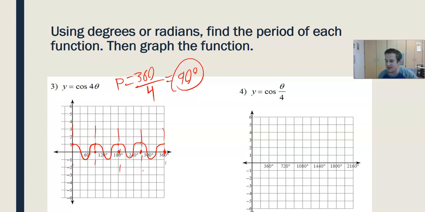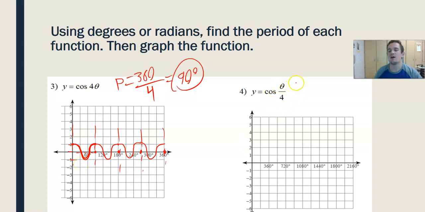So again, the period is the time it takes for a function to complete one full cycle. So my cosine wave completed one full cycle in 90 degrees. Midline is still at x equals 0. Amplitude is still at 1 and -1.